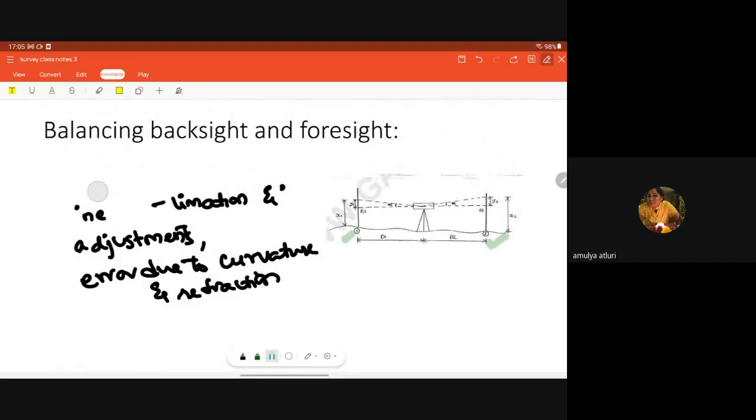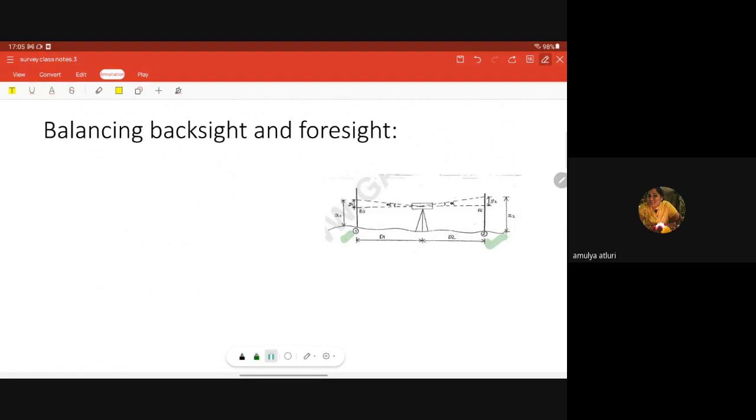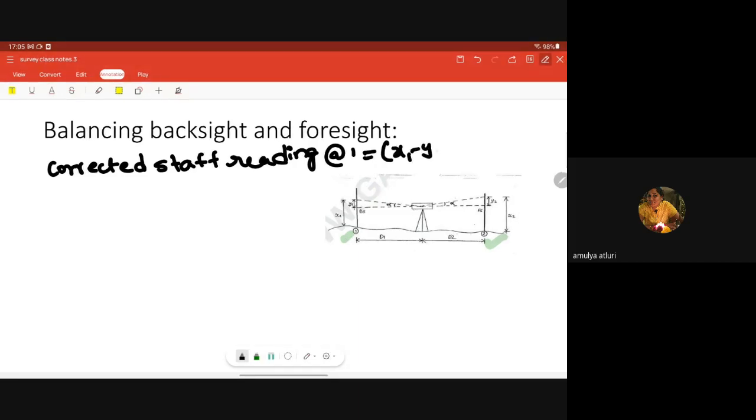So what are these corrections? Corrected staff reading at 1: it is x1 y1, right? So x1 minus y1 will give you the corrected reading of staff at 1.